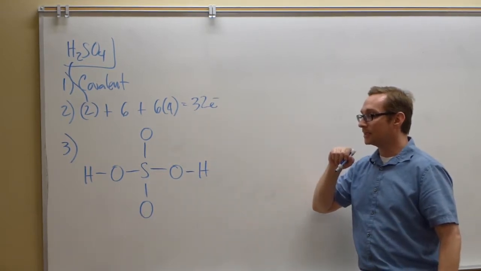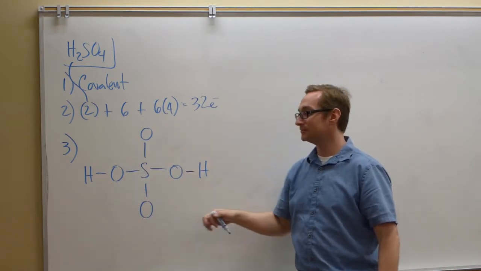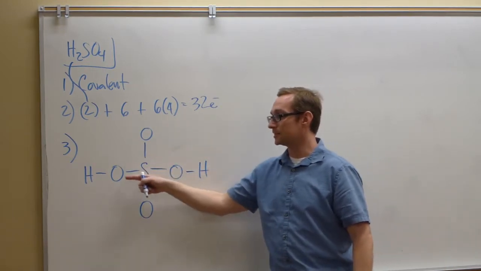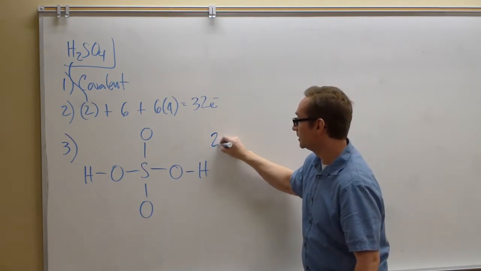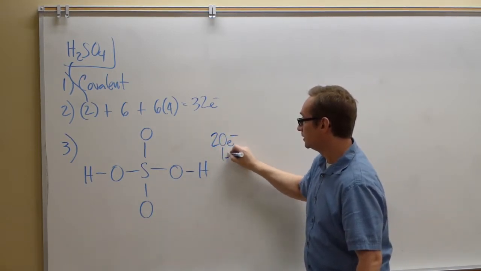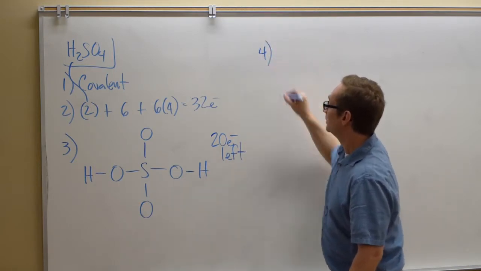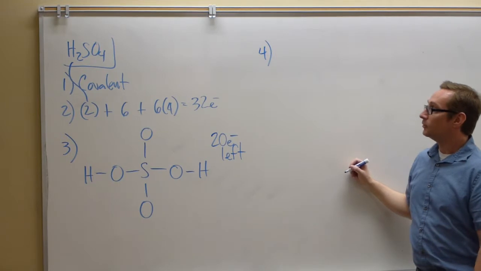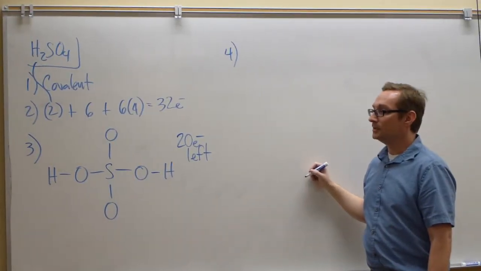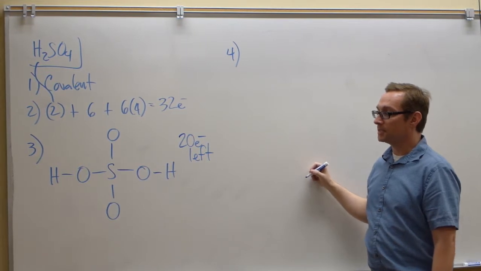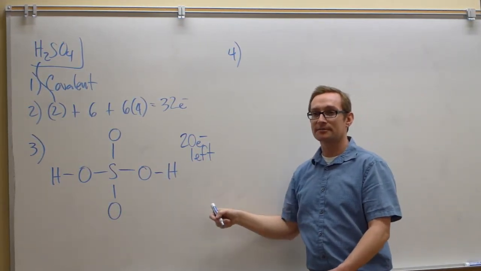How many electrons did we use in doing this framework? 2, 4, 6, 8, 10, 12. So we have 20 left. So where do we put those remaining 20? Step 4 says add any remaining electrons to the outer atoms first.